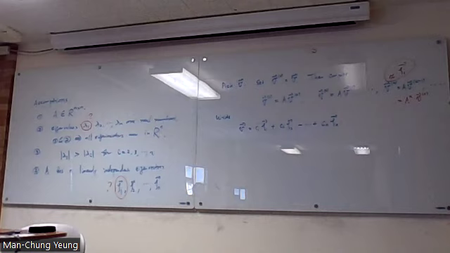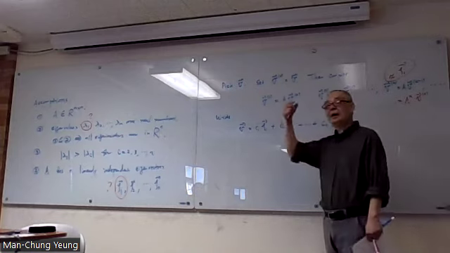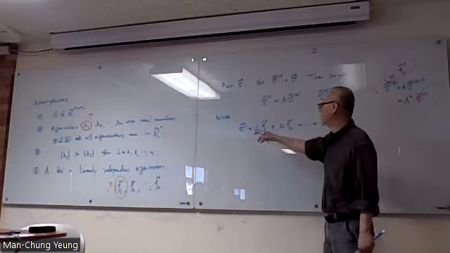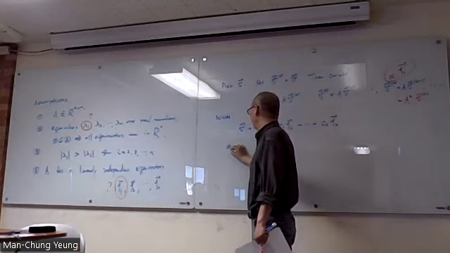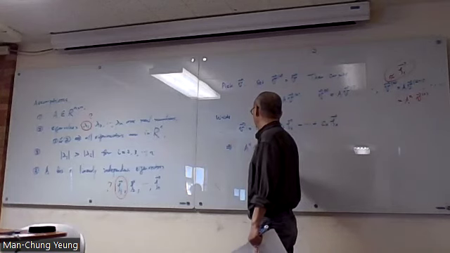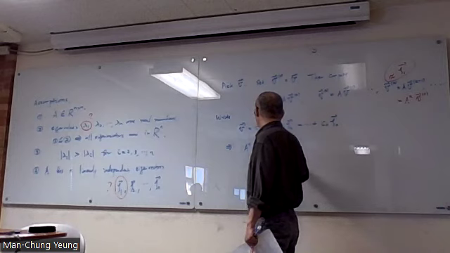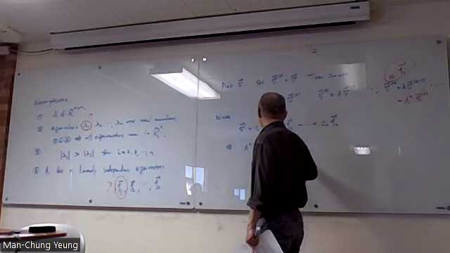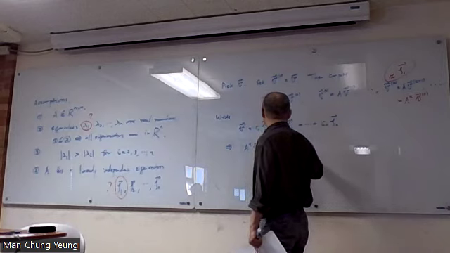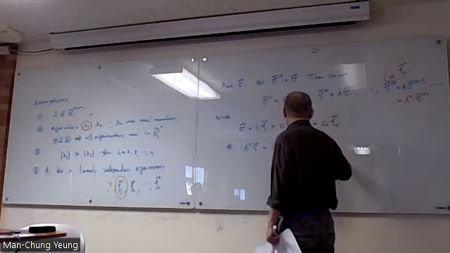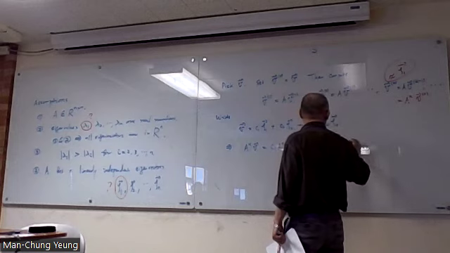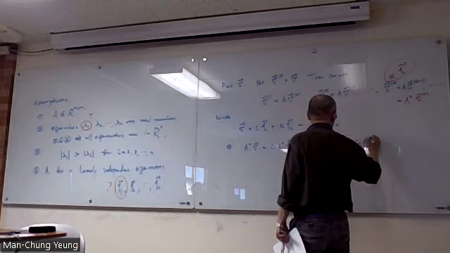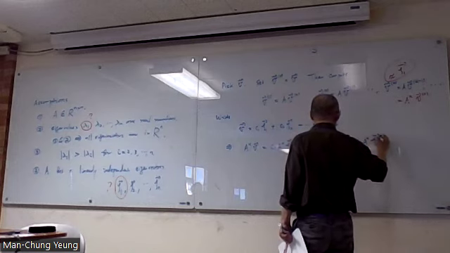Can you see that? Now apply A to the k to both sides. Then A^k V is c1 A^k psi 1 plus c2 A^k psi 2 plus, and so on, cn A^k psi n.